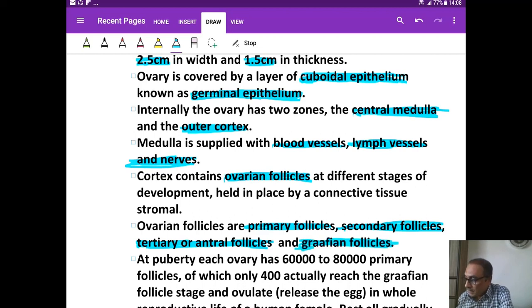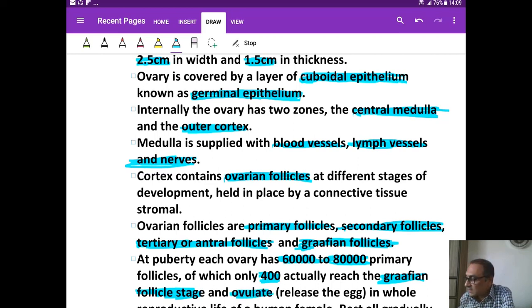Okay, and at the time of puberty we see that there are about 60,000 to 80,000 primary follicles in a single ovary, and out of which we have learned that only 400 actually reach the Graafian follicular stage, and then ovulate.